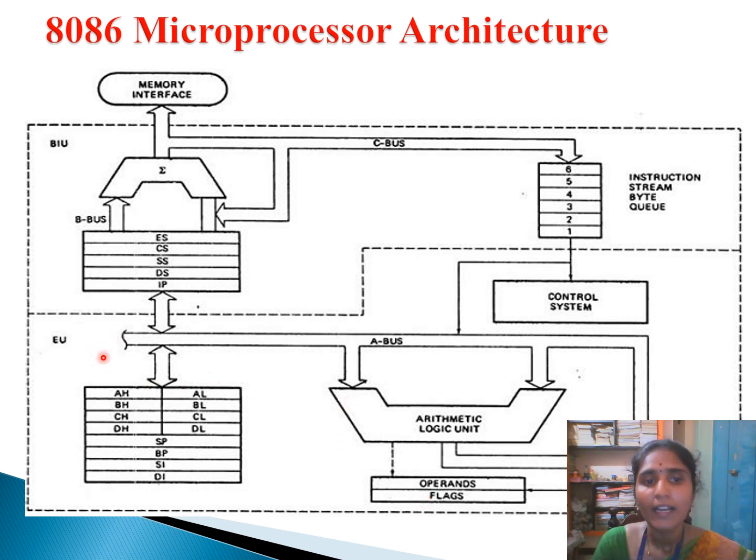In this execution unit, we can do decode and execute. At the same time, the bus interface unit does not remain idle. It continuously fetches instructions from memory and gives them to the instruction queue, and the instruction queue is ready for execution whenever the time arrives.